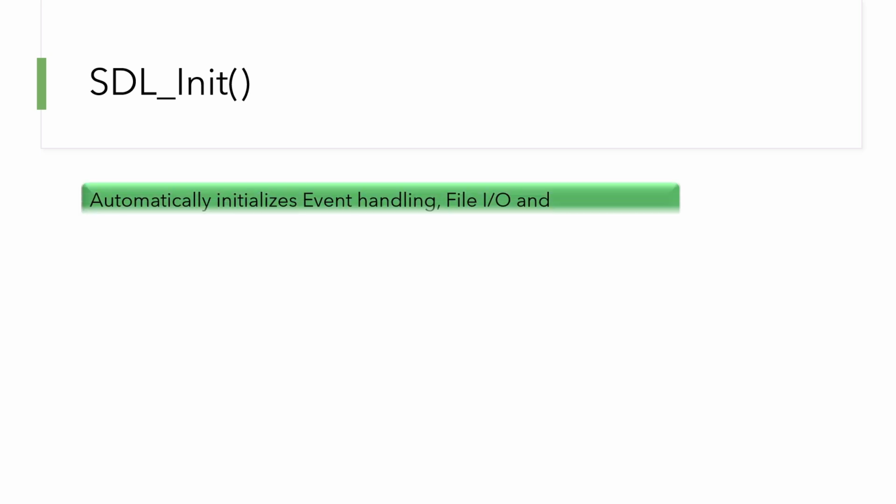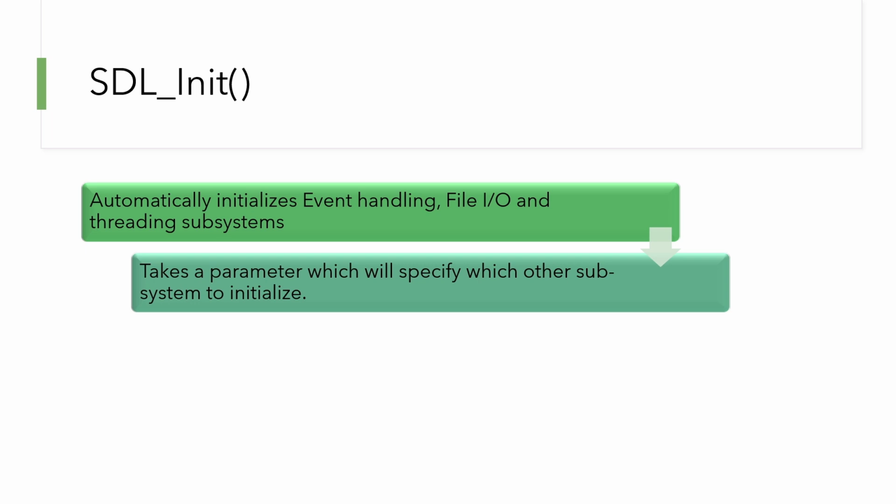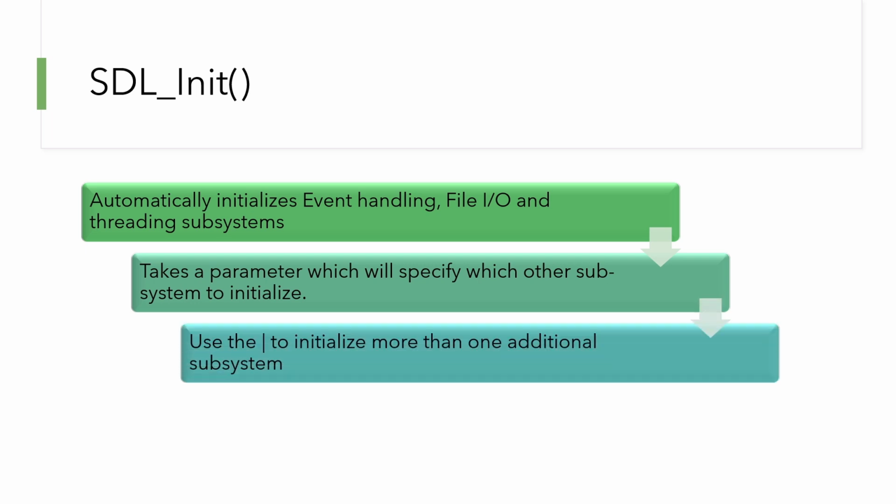As we just saw, SDL_Init automatically initializes three subsystems, namely file I/O, event handling, and threading. Any additional subsystem that needs to be initialized must be passed in as a parameter to this function. Now, you may pass in more than one additional subsystem to SDL_Init simply by using the pipe symbol.